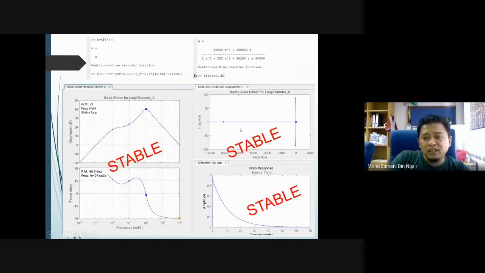If we look at the root locus, none of the lines is going to the right side of the imaginary axis, so everything is at the left side, so the system is always stable. Same goes for the step response. If you look here, it goes to one value, so the system is stable. Even though we have a very huge error, the system is always stable, but stable with error.